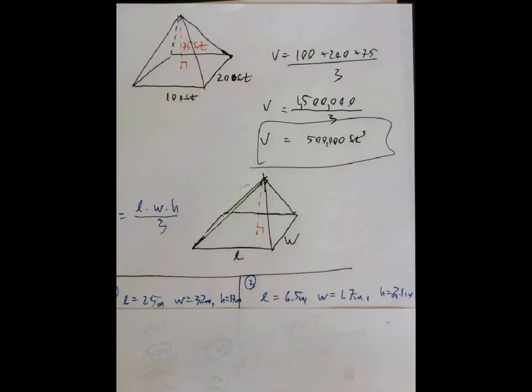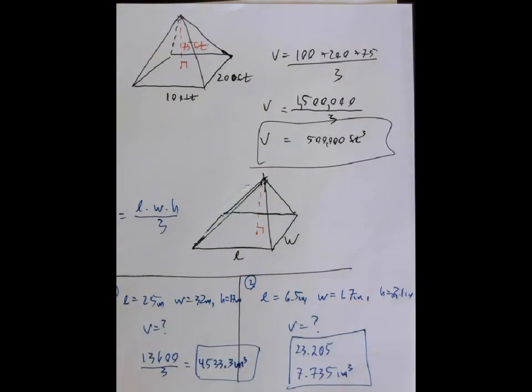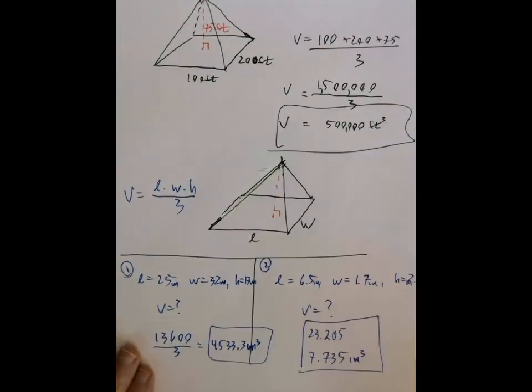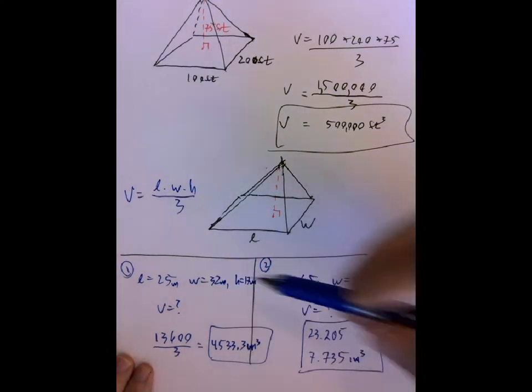Okay, you're back, I guess. Well, here's what we got. The first one is we multiplied 25 times 32 times 17, and that gave us 13,600. Then we divided by 3 for a total of 4,033.3 cubic meters, because the units I gave you are meters.